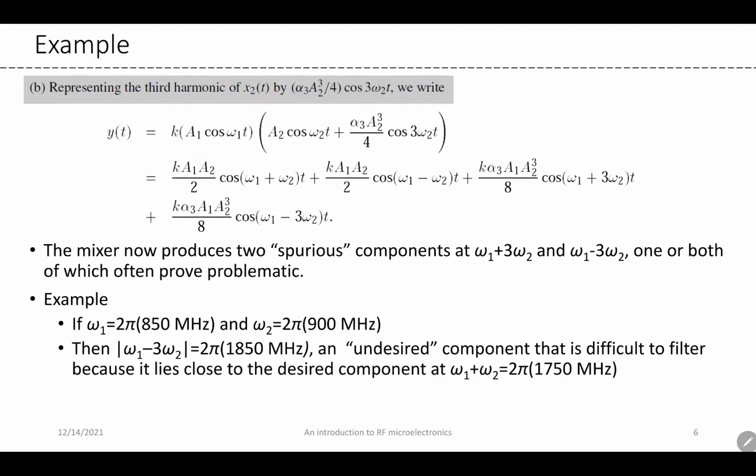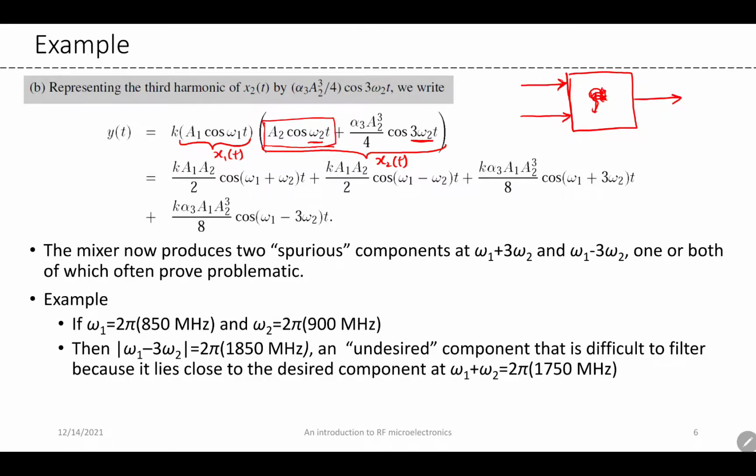So now we have yt. Again, it's a mixer, so this will be x1t and x2t now. X2t is not just an omega 2t term, there's also a 3 omega 2t term. Y is the output.